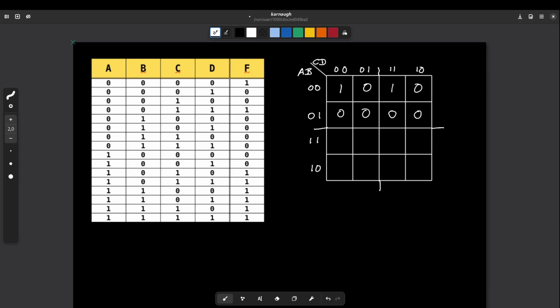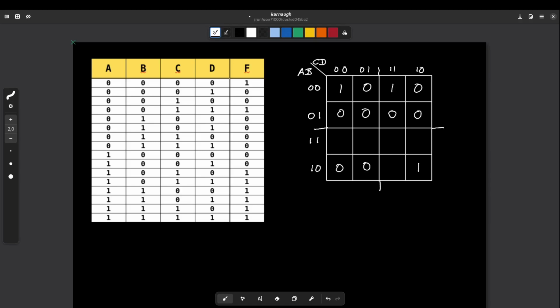The following one, 1000 equals 0. 1001 equals 0. 1010 equals 1.